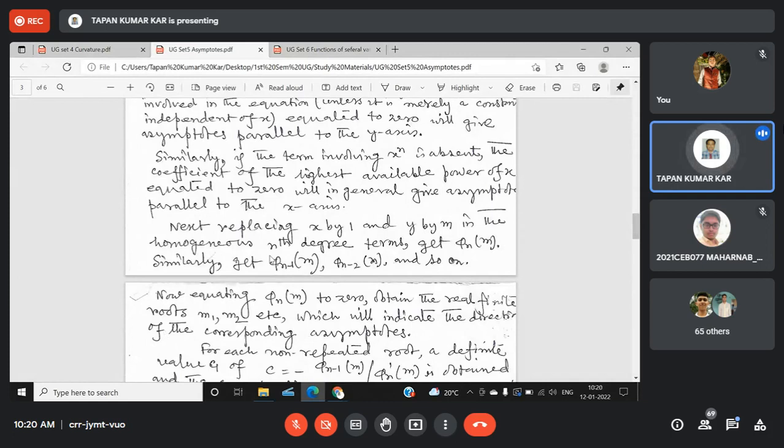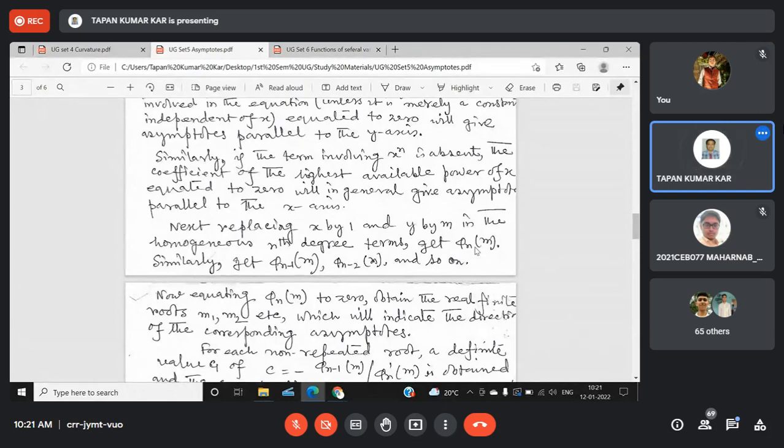Next, replacing x by 1 and y by m in the homogeneous nth degree term, you get phi n of m. As I mentioned previously, phi n of m is actually phi n of y by x.